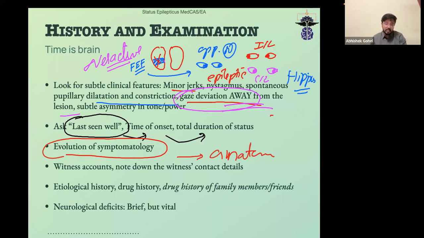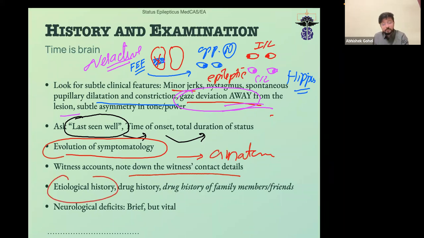If you do not have that much time, which we usually don't in casualty, we better note down the witness account details, so that once the patient is stabilized, you can call the witness back and ask what actually happened and how it started. It can give you an etiological history also.